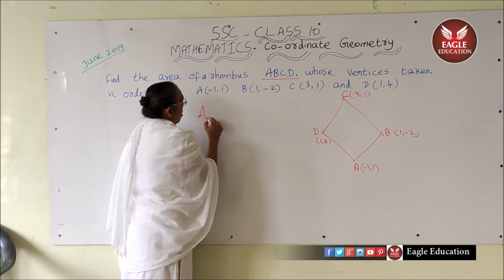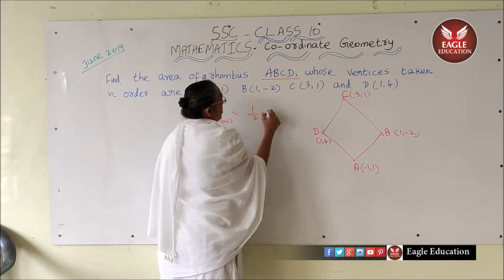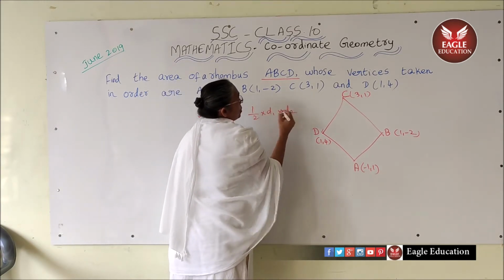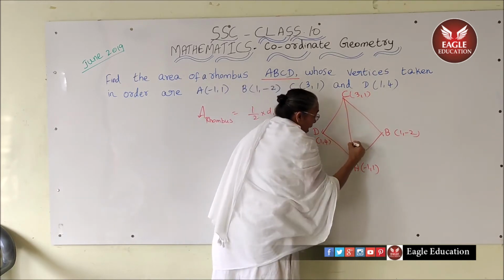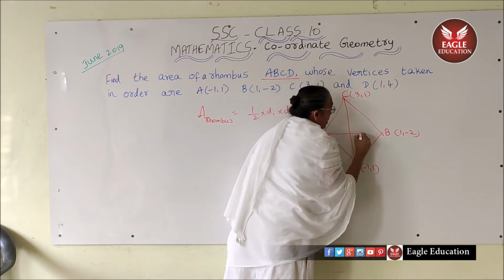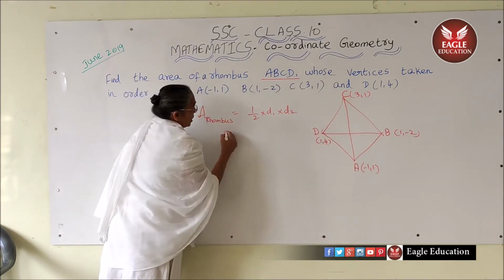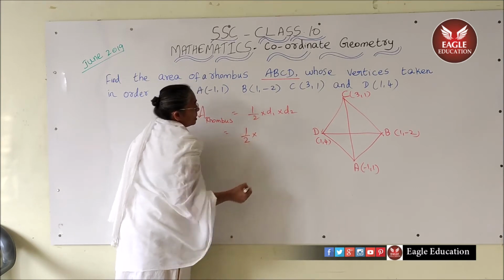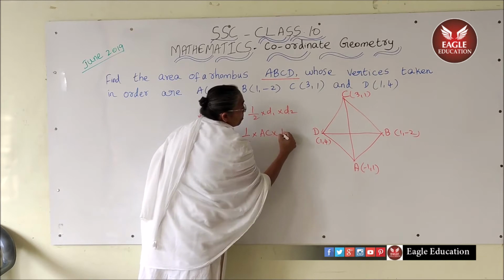So area of rhombus is equal to half into D1 into D2. So we need diagonal lengths for this. AC is one diagonal and BD is another diagonal. According to this diagram, area of rhombus is half times AC into BD.